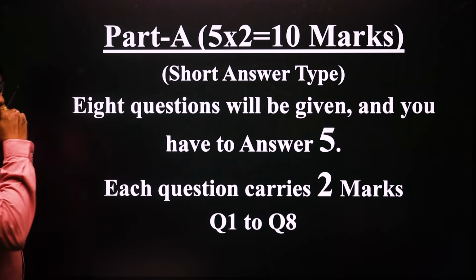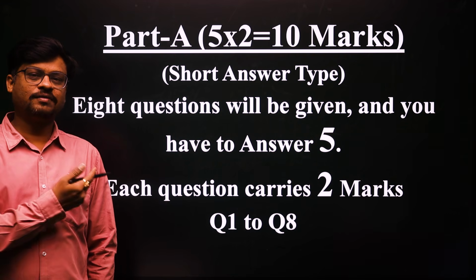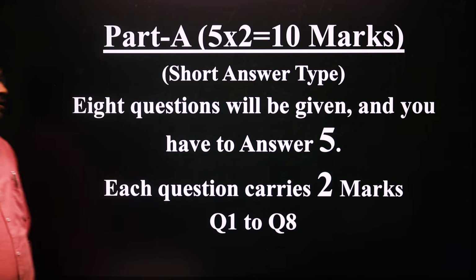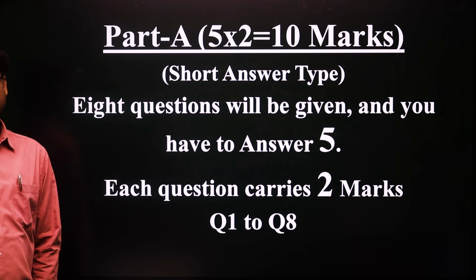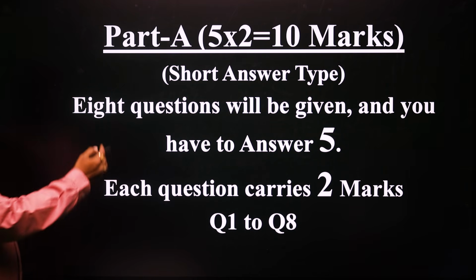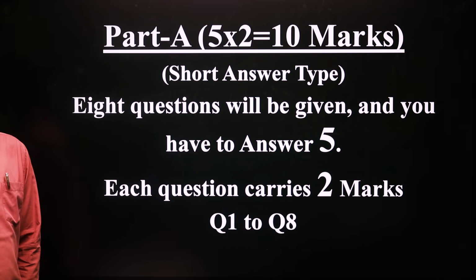Before going into the syllabus, before going into the important questions of each and every unit, we will see the question paper pattern. So, in the question paper pattern, you have part A. In part A, 8 questions will be given and you have to answer any 5 out of it.